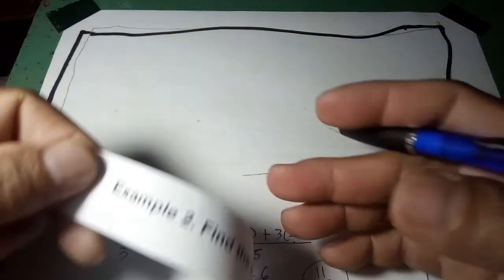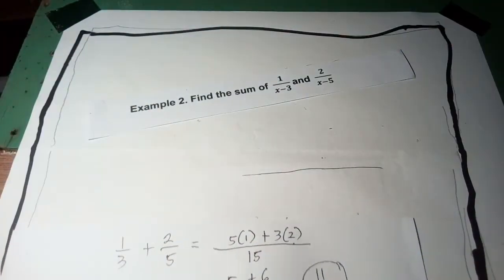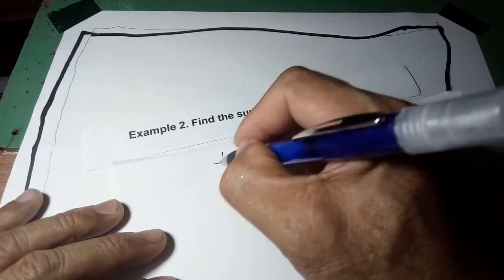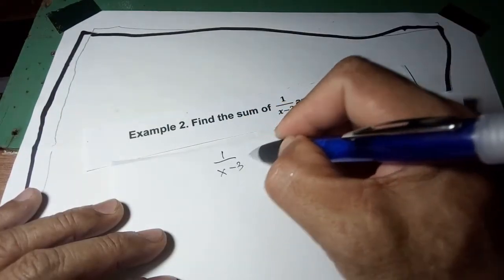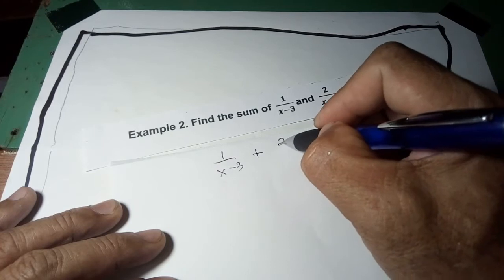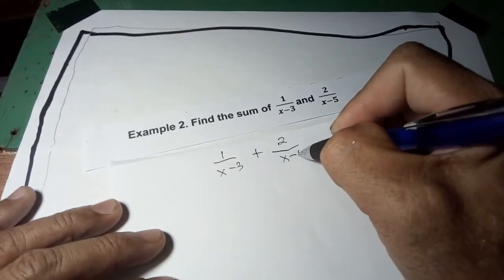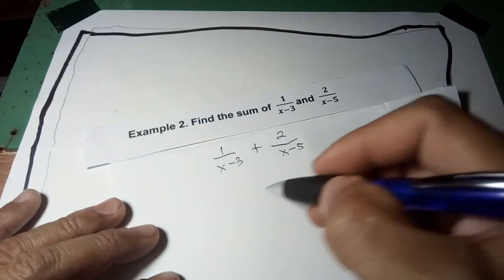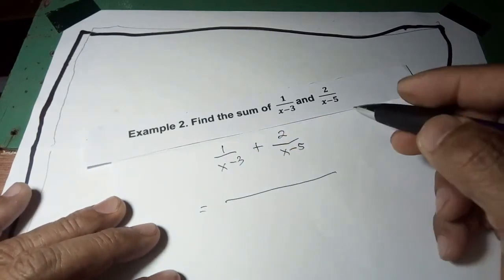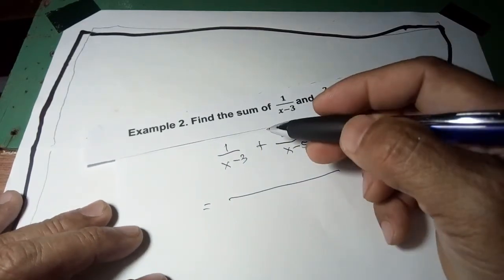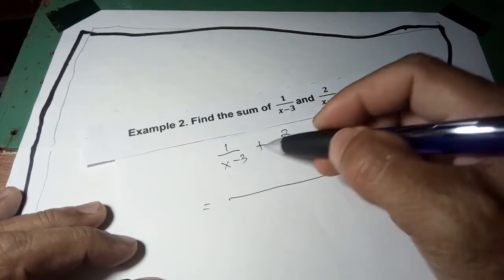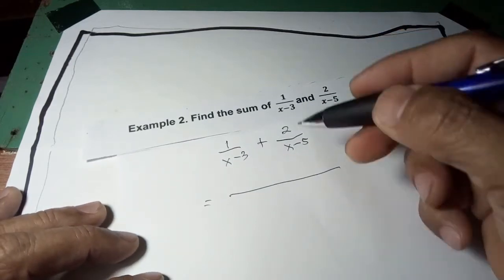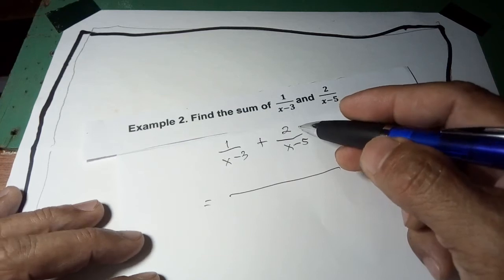Next, supposing we have algebraic expressions. Find the sum of 1 over x minus 3 plus 2 over x minus 5. Again, we need to have the least common denominator. The denominators are x minus 3 and x minus 5. They are in simplest form.